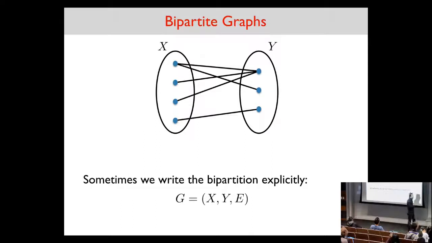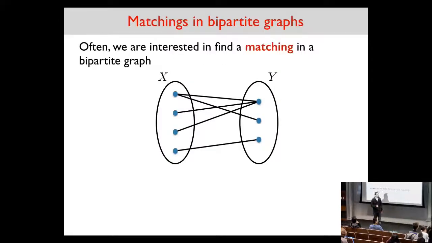We say, here's a graph G, and here's the bipartition X and Y, and the edge set E. When the graph is given like that, you immediately know it's bipartite. You don't have to go to the trouble of determining whether it's bipartite or finding the bipartition that works.